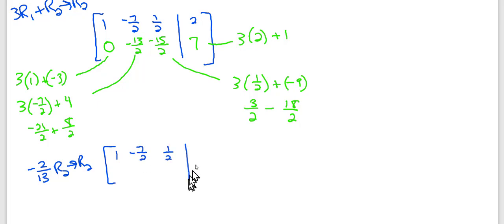These are not the greatest, but we just slow down and take our time and we can do it. 0, 1, 15/13, and 7 times negative 2/13 will be negative 14/13.